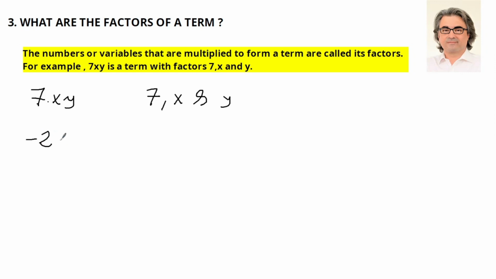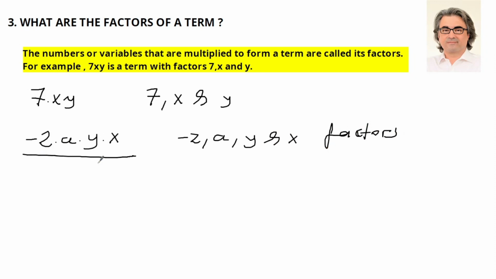Minus 2 times a times y times x. Now this is another example, and for this example the factors are minus 2, a, y, and x. These are the factors of this algebraic expression.